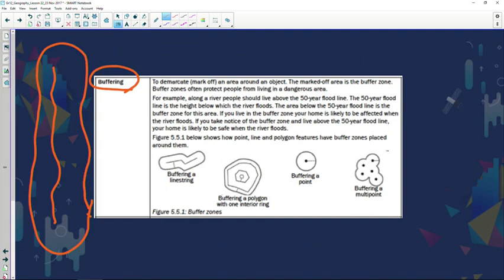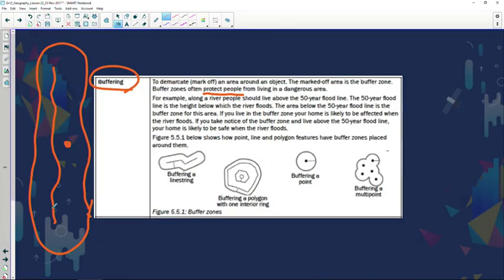And what happens during seasonal rainfall? What happens to the river's water level? It rises. So the floodplain will be flooded, the area surrounding the river. We're not supposed to build any infrastructure to go and live there, because we will experience flooding. So buffer zones are created around an object to protect people from a dangerous situation.